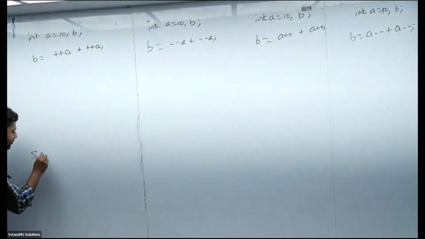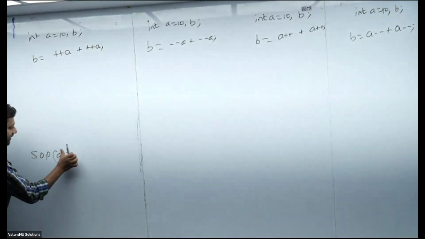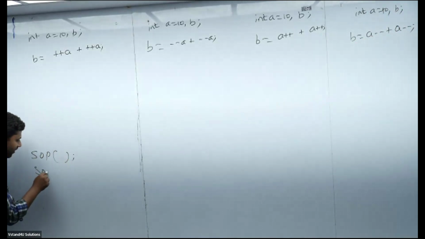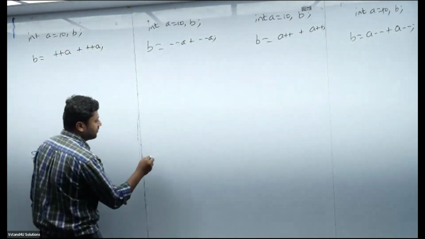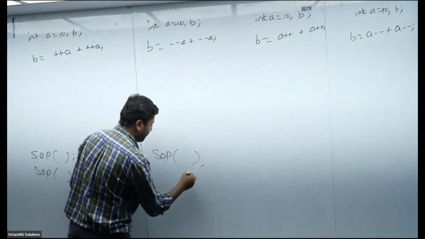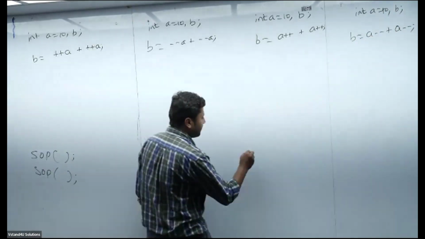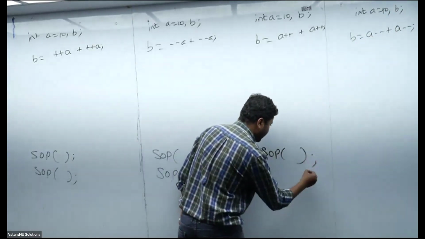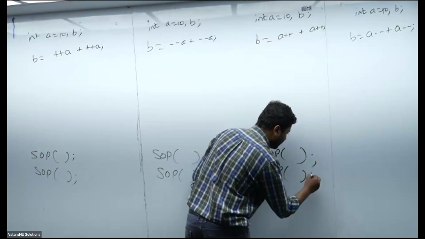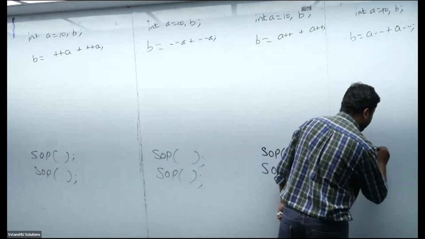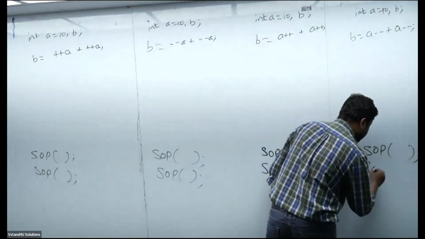Over here, print the SOP of a, SOP of b. Here also SOP of a, SOP of b. Here also SOP of a, SOP of b.